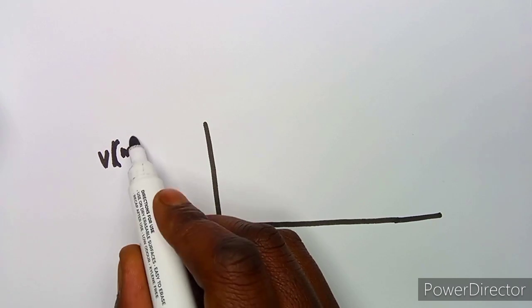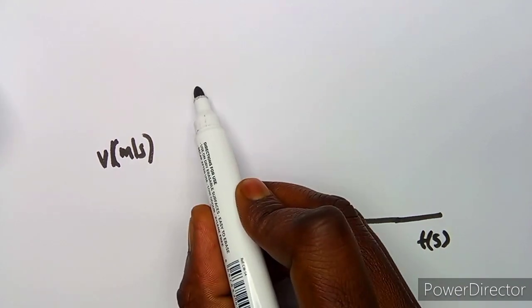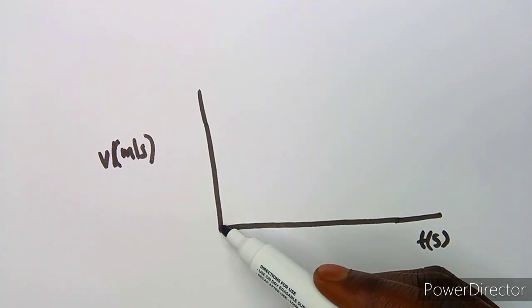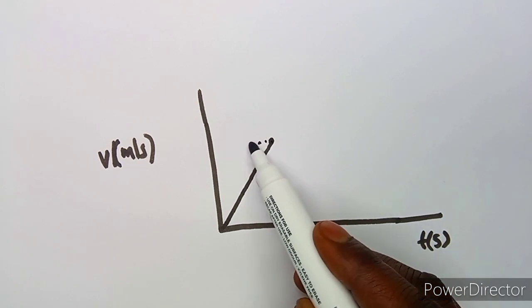All right, our velocity in meters per second and our time here in seconds. The first, I want you to understand that these are the things that you can actually represent on your VT diagram, which is the velocity diagram, where we started from rest in this case and accelerated to a certain velocity that we do not know.